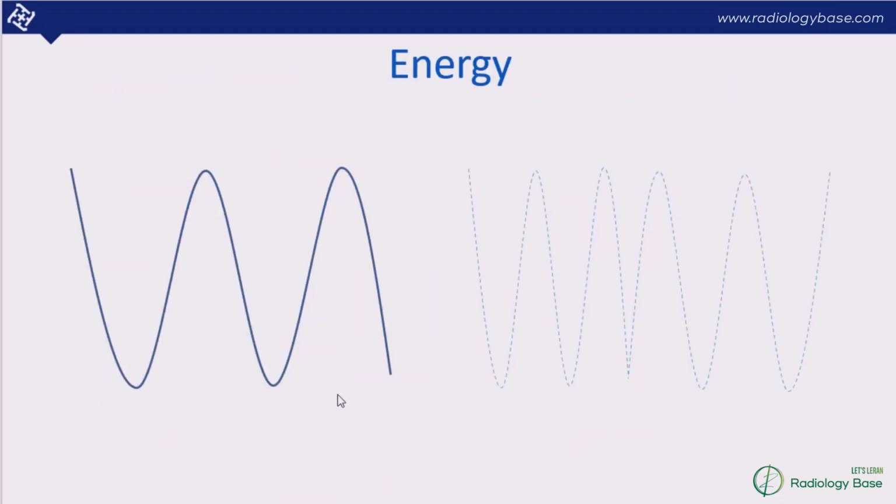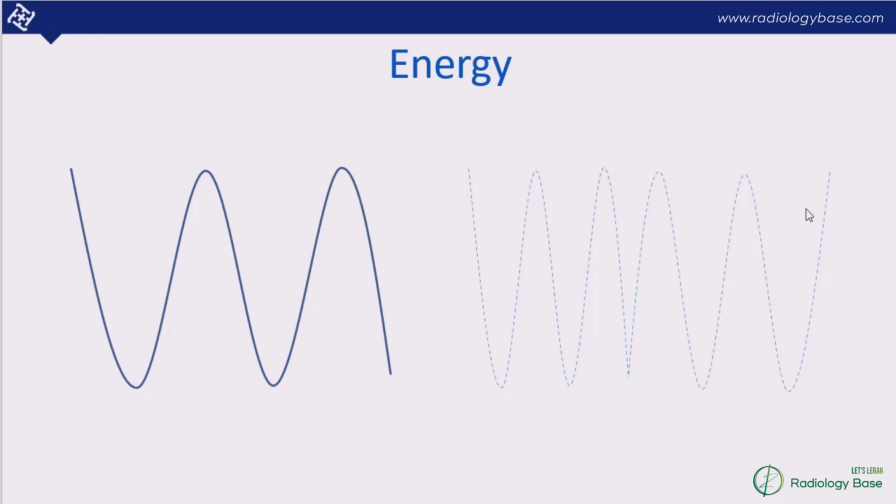In this image you will see the wave pattern of one photon, and this is the wave pattern of another photon. This one shows less energy, because it has a larger wavelength and the frequency is less, almost half of this wave, which shows that within a given time, double the number of crests are present in this wave.